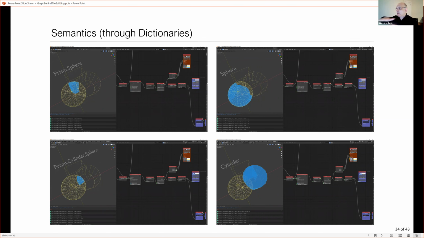Now comes the time to slice it to make floors. So I can put horizontal faces in order to slice it. Now, under normal circumstances in any BIM system, if you are not careful, you'll also slice the atrium, right? The slice goes right through the building and slices the atrium. So you get the atrium also made out of different floors and different stories. In Topologic, you can write a very simple rule when you are doing your Boolean operation to look at the dictionary of the object that you are dealing with.